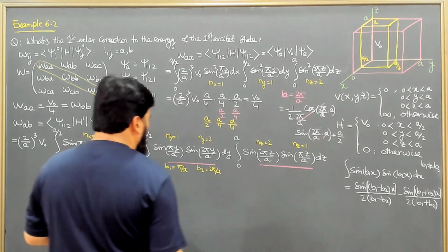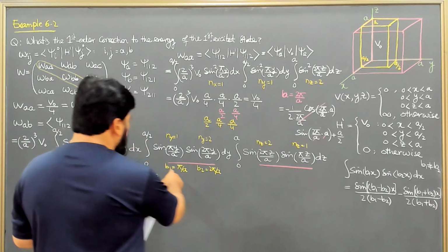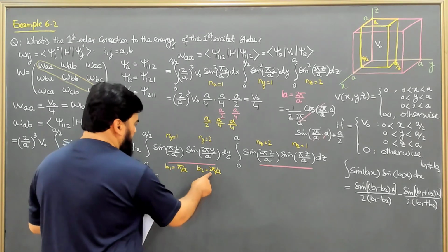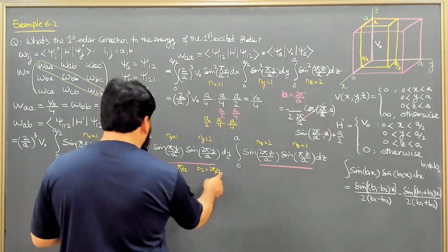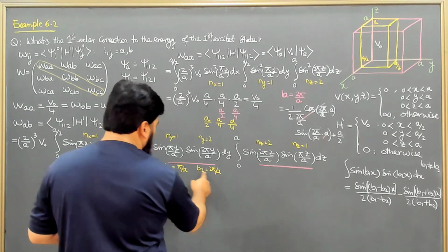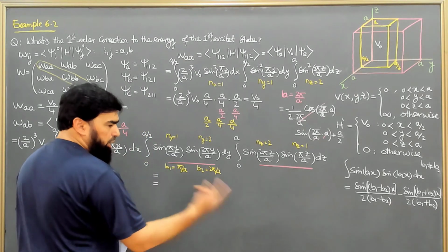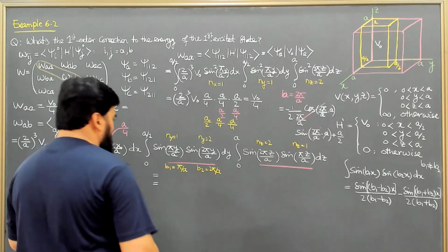So I can write that this will result in sin((B1 minus B2)y), so pi over a minus 2 pi over a, which will come out to be minus pi over a, because 1 minus 2 becomes minus 1.